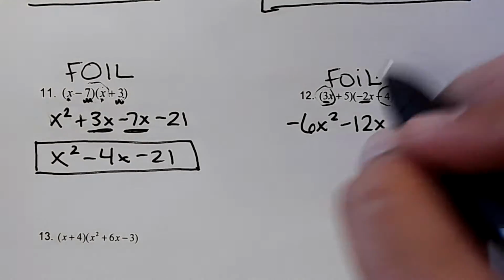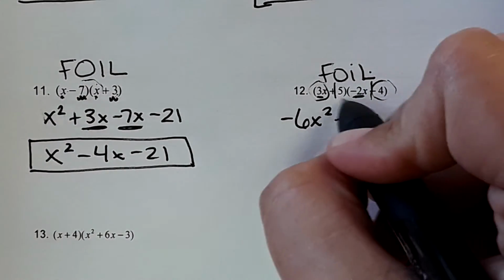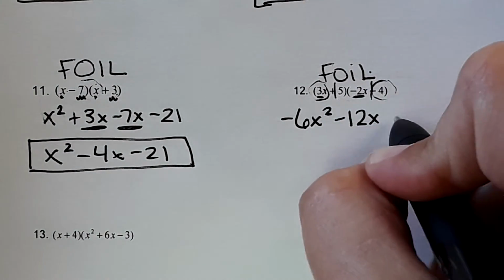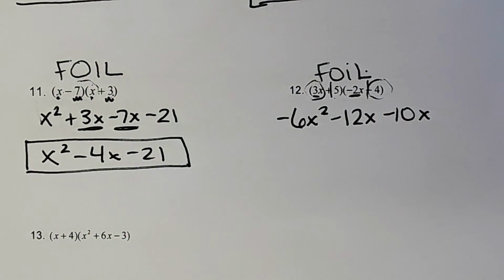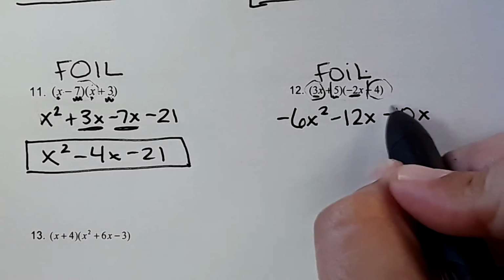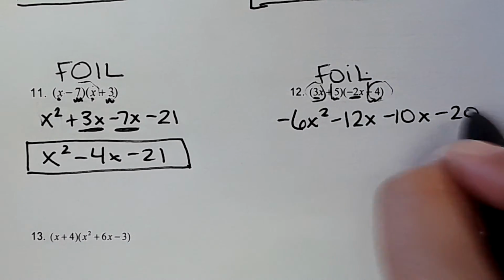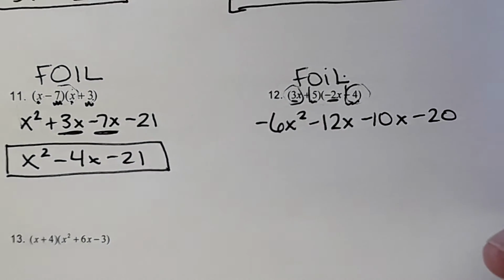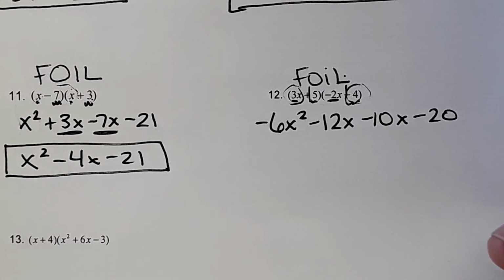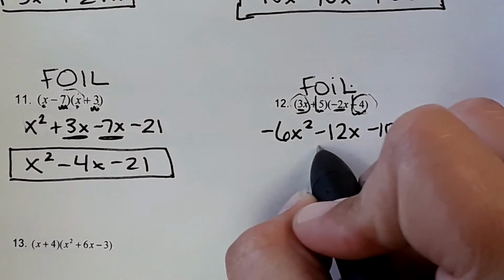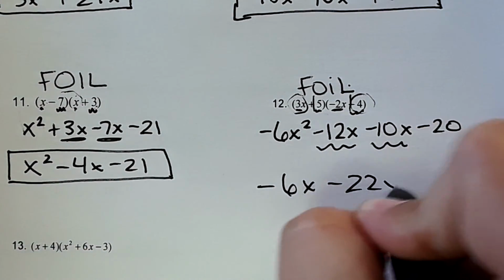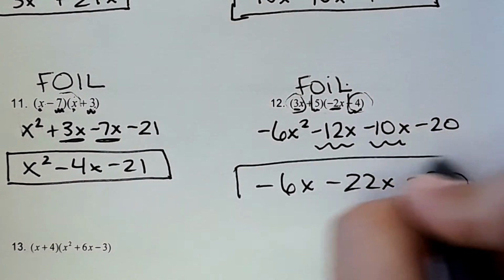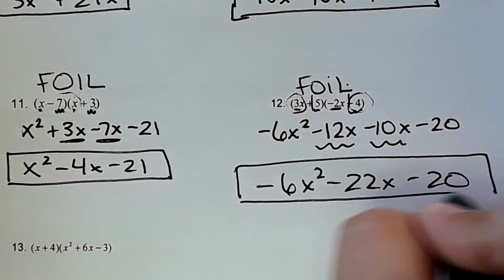Inside would be 5 and negative 2x, which would be negative 10x. And then last is 5 and negative 4, which is negative 20. And then we combine our like terms, so negative 12x and negative 10x will be negative 22x minus 20, and we're done. Oh, I almost forgot the squared. We're done.